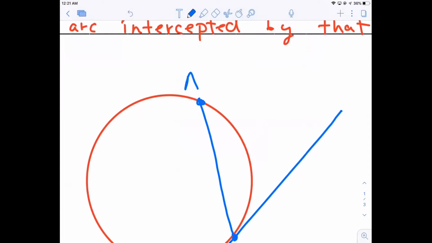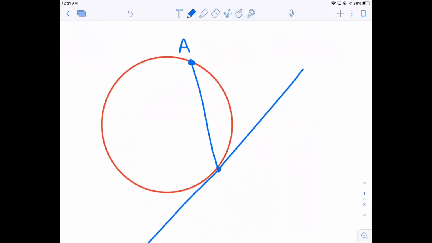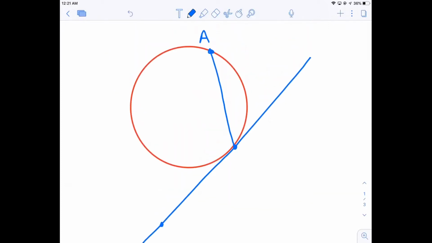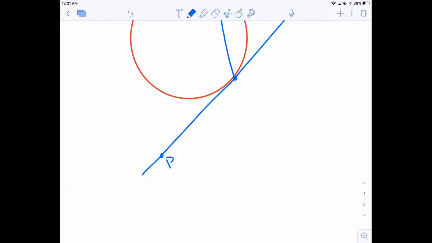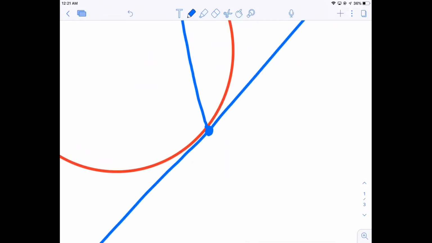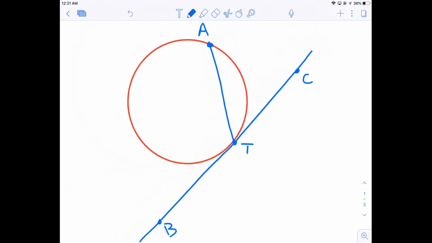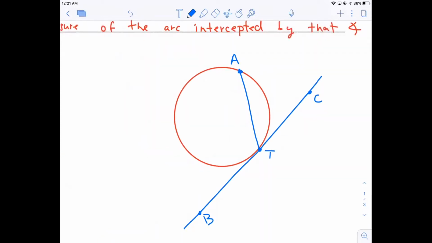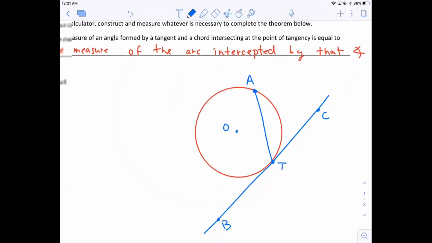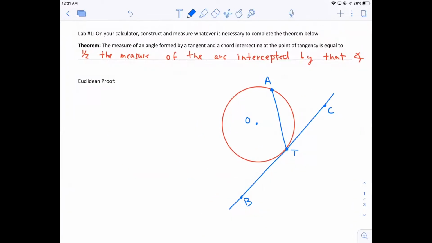So let's call this chord A, and I'm going to call this tangent line BC. And I want to call the point of tangency, this point over here, T. So we're going to call the chord AT. All right, and this is going to be in circle O. All right, so there's the setup.